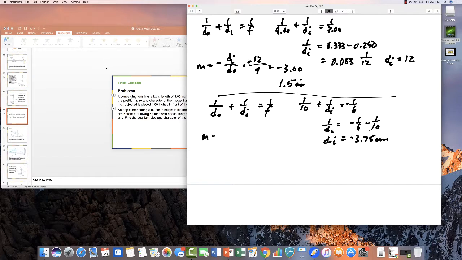The magnification is minus di over d0, which is going to be minus minus 3.75 divided by 10, or 0.375. So it's going to be reduced in size. If you take this times 2, the size of the image is going to be 0.75 centimeters in height. And it's going to be upright because the magnification is positive.